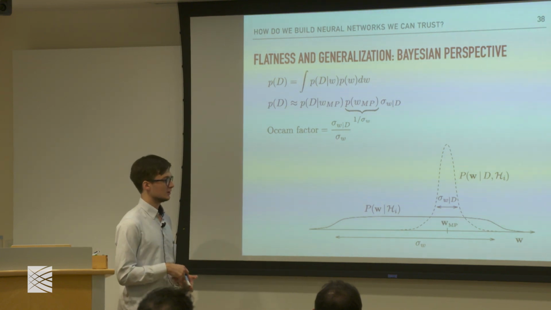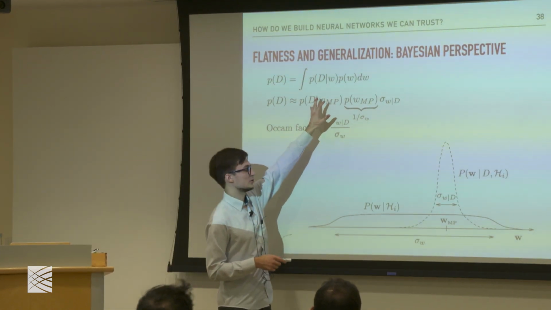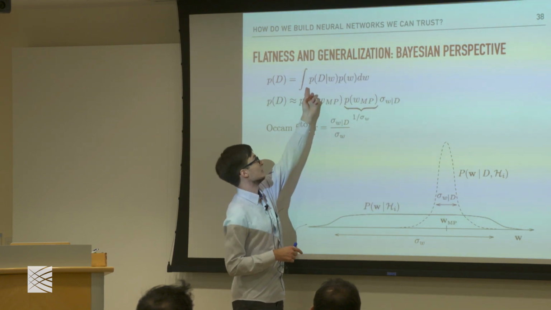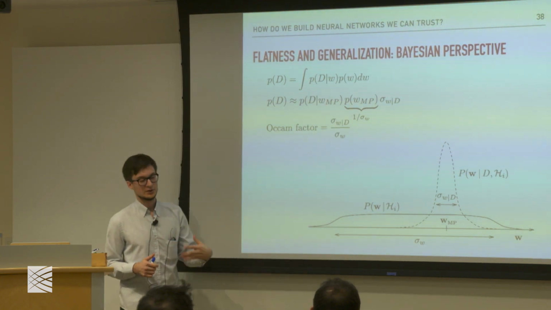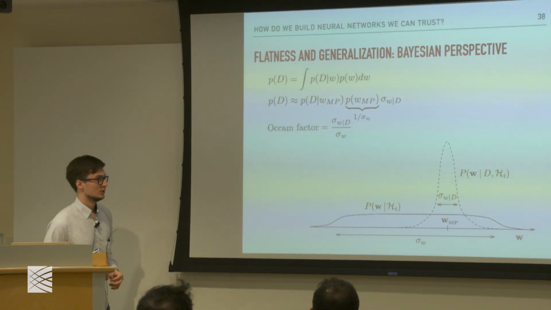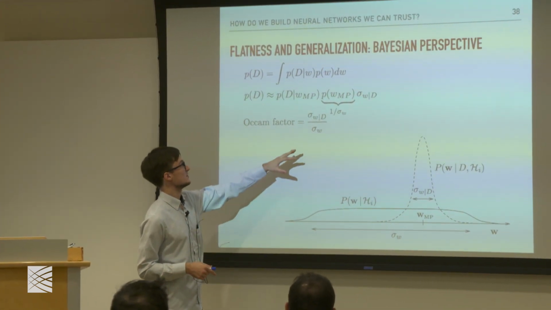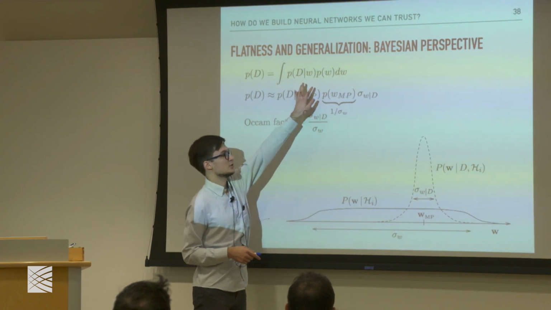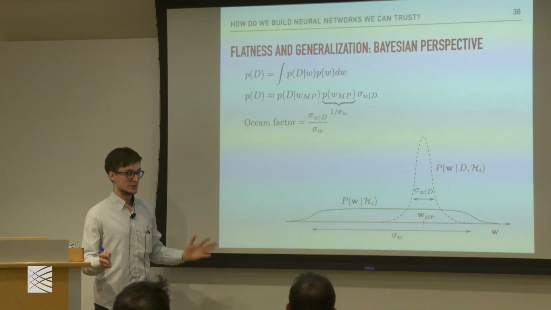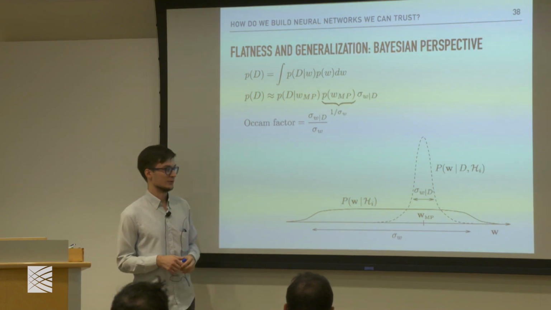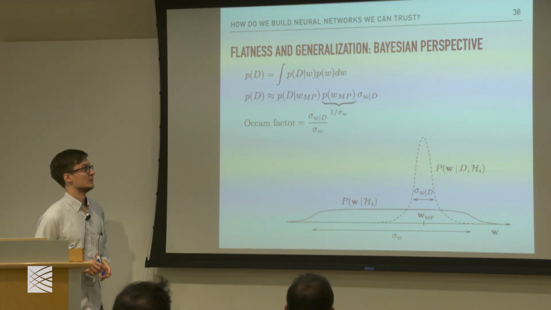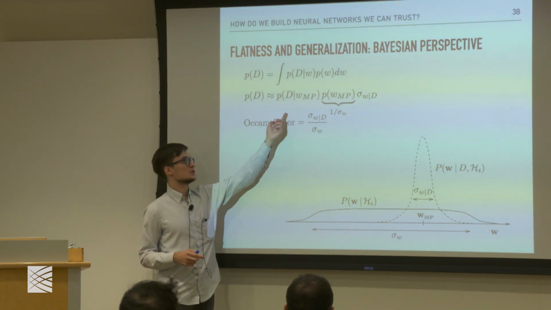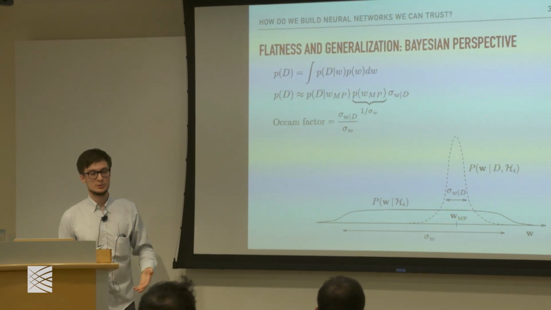We can approximate this integral by assuming that the shape of the function under the integral is rectangular. So it has a height equal to the maximum value of the function, and a certain width sigma w given D. The height of the function is the value attained at the maximum a posteriori solution.